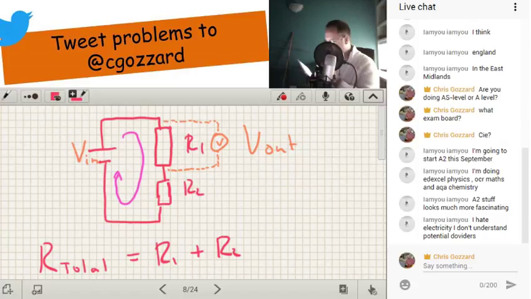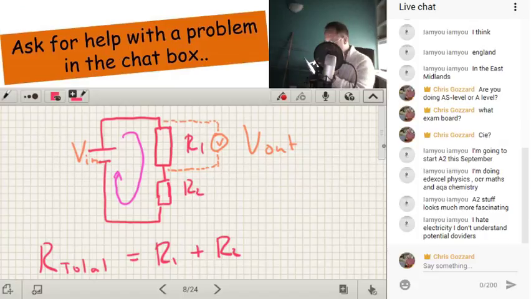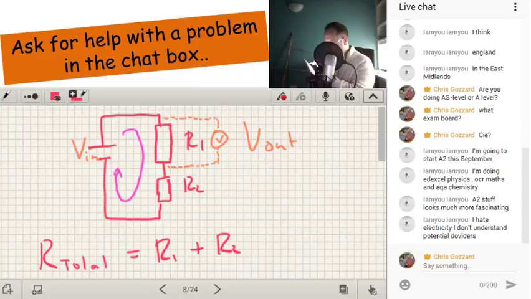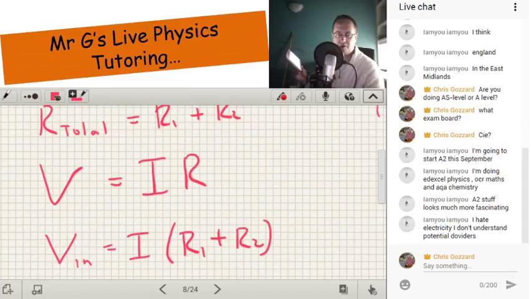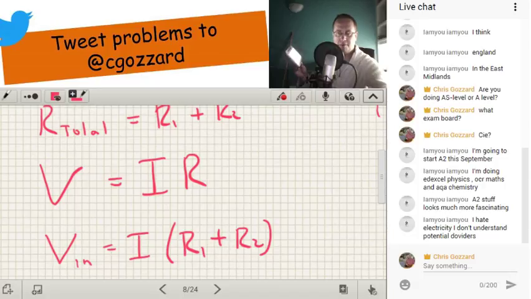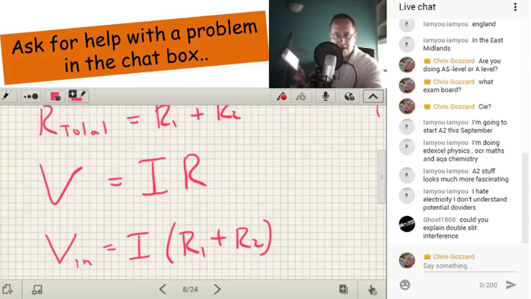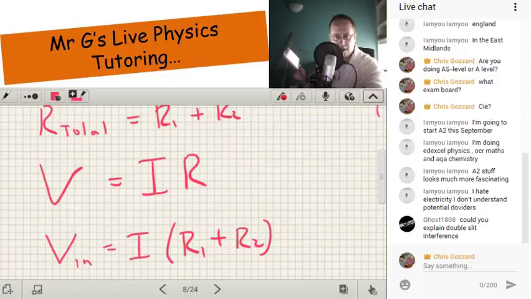The general formula is V equals IR. With our general formula, V in equals I times the total resistance, R1 plus R2.